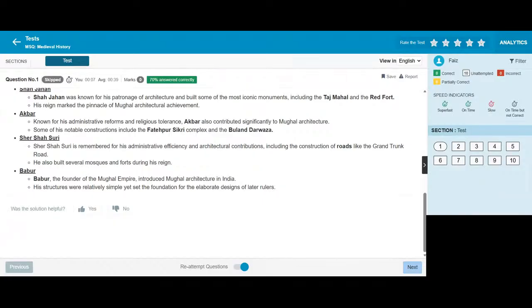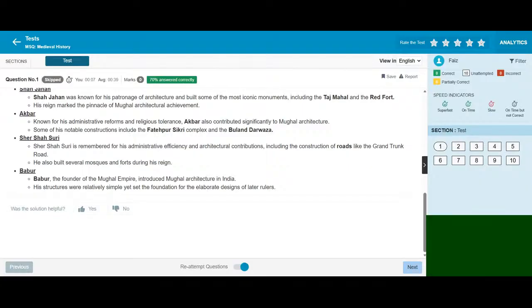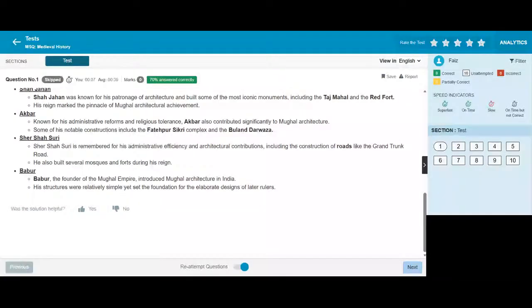Sher Shah Suri is remembered for his administrative efficiency and architectural contribution, building several mosques and forts during his reign.